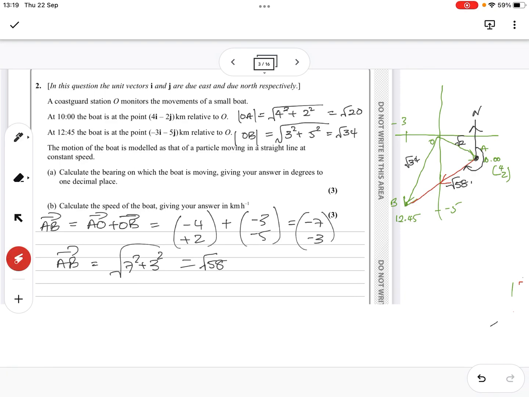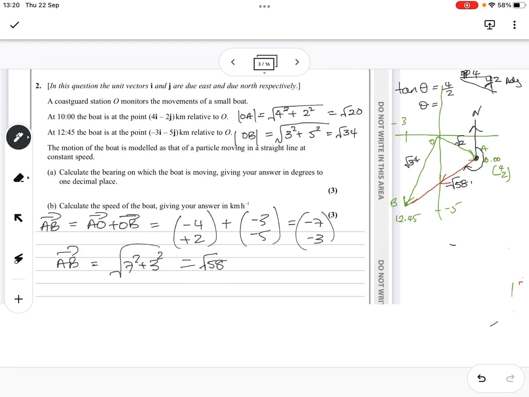Right, looking at this triangle up here, I'm going to go with that one first. That's a right angle. We know this is 4, this is 2, and I want that angle, and this is a right angle. So that's my opposite, that's my adjacent. So I'm going to go tan. Tan of that angle is 4/2.